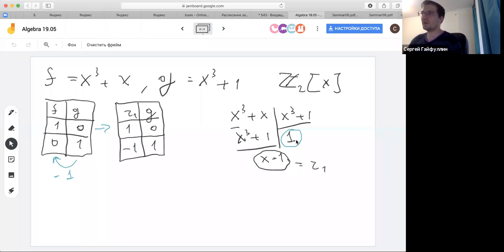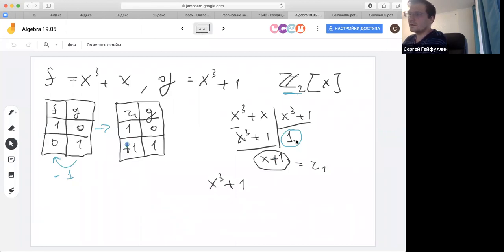Okay, then I would divide G, which is x squared plus 1. I'm sorry, the ring of coefficients is Z2. When I have Z2, minus 1 and plus 1 is the same, so I can put plus here, and I can put plus here.